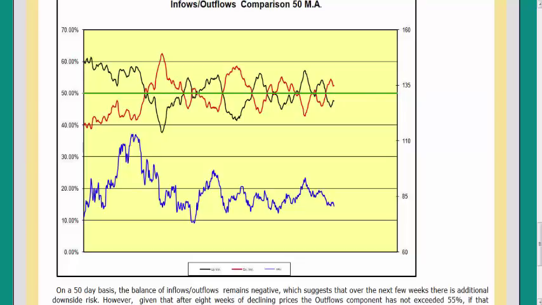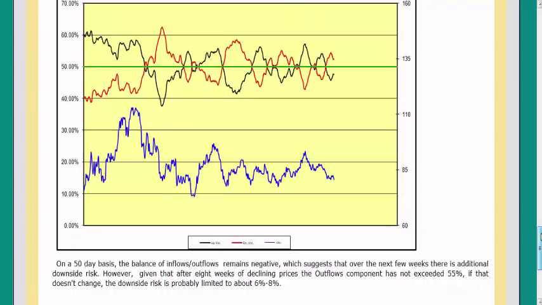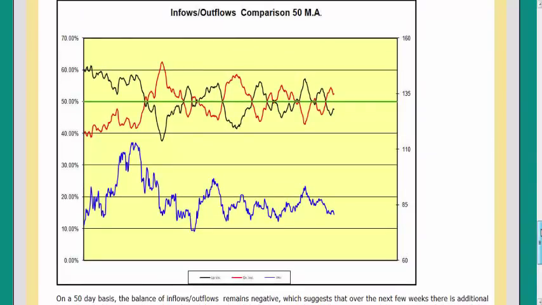If you put it all together, we have had 8 weeks of downside action, yet outflows have not exceeded 55%, when the equilibrium level is just 50. That tells me the downside risk is probably limited to about 6, maybe 8%.